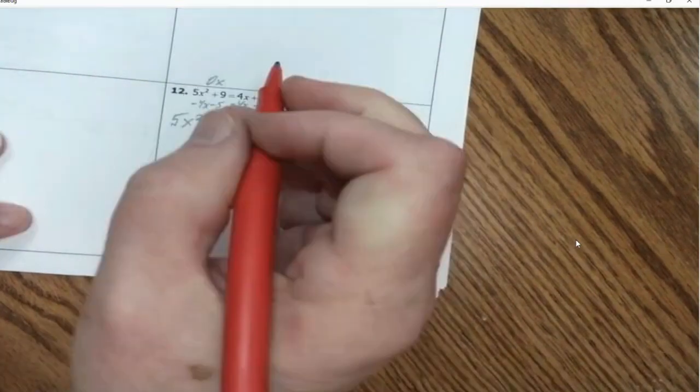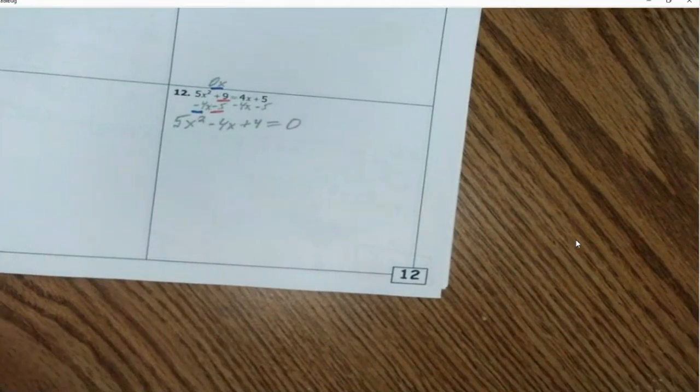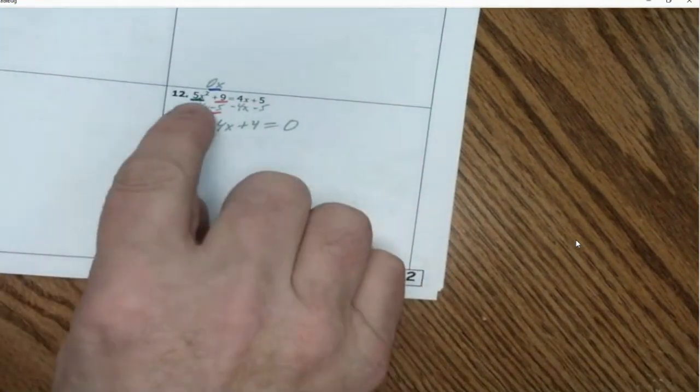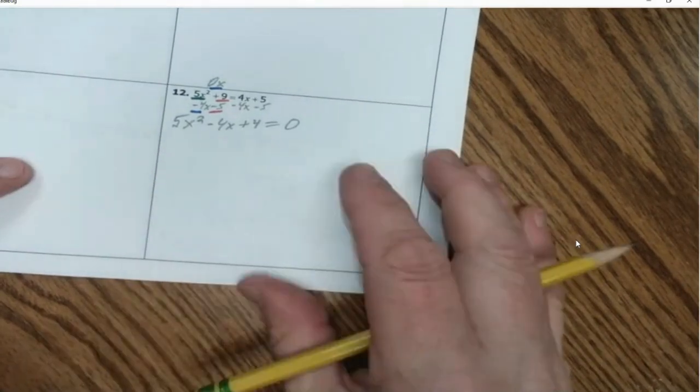So remember, when you bring it over, the numbers go with the numbers. The x's go with the x's. You cannot combine anything if they're not like terms. There's no other x squared term, so I cannot do anything with the x squared. I can only do like terms.